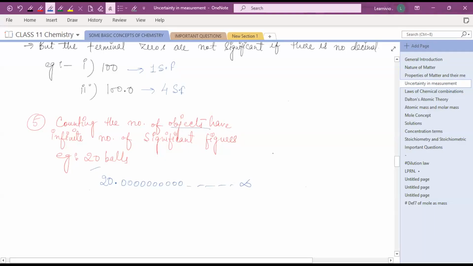Like if I give you 20 balls, 5 pens, it's an object, so after 5, you can put a decimal and add an infinite number of zeros. 0, 0, 0, 0, 0. Now put as many zeros as you like, it means 5 pens. Its value will not change, the meaning will be the same. It means there are 5 pens. Clear?